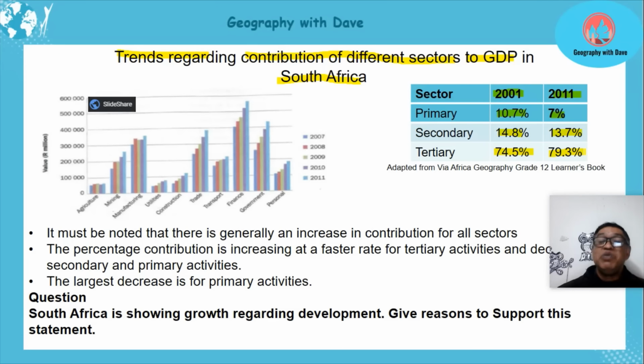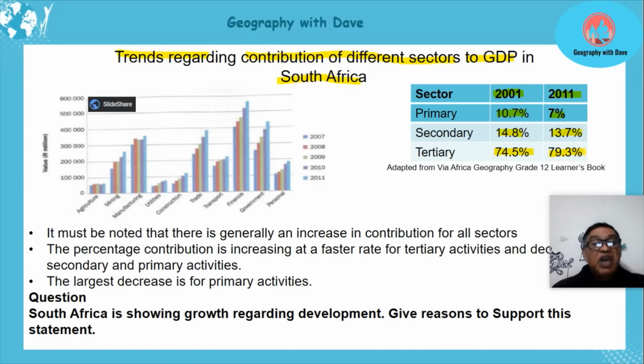All right, which shows that there's growth in South Africa regarding moving towards more development. That now more machinery is being used in the primary sector, better quality of life. Although we still have various challenges, but it's moving forward. Therefore, the tertiary sector is actually increasing, better education, more money, more finances available to many people.